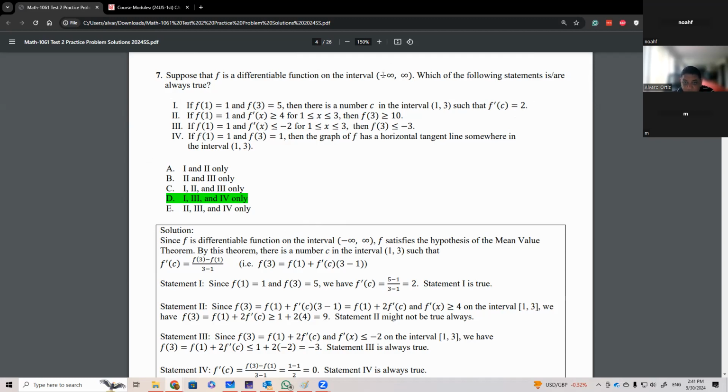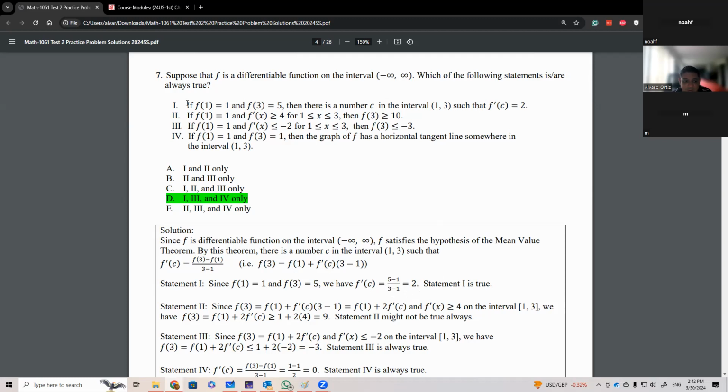f is differentiable on the interval minus infinity to infinity. So I want to check the difference, f of 3 minus f of 1 over 3 minus 1. Notice that I have f of 1 is 1, f of 3 is 5, so I can calculate this. f prime of c at some point has to be 5 minus 1, which is 4, over 3 minus 1, so 4 over 2 is 2.